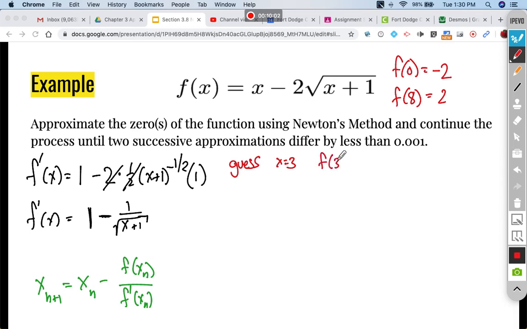I find out what f of 3 is. f of 3 is negative 1. f prime of 3 is going to be 0.5. So for my next step, that's my x sub 1, x sub 2 is going to be 3 minus negative 1 over 0.5.